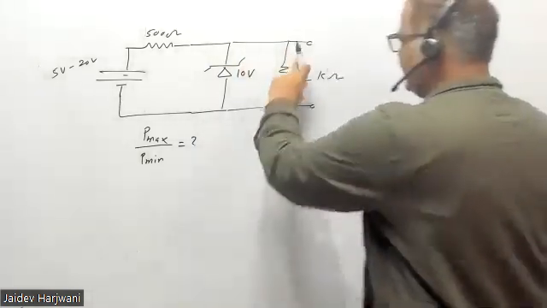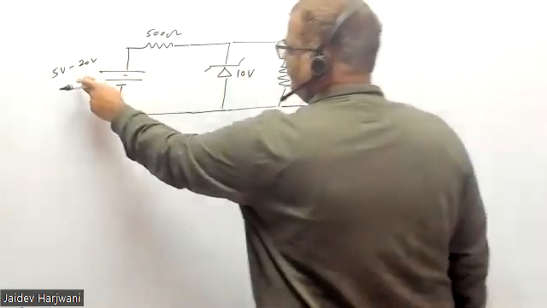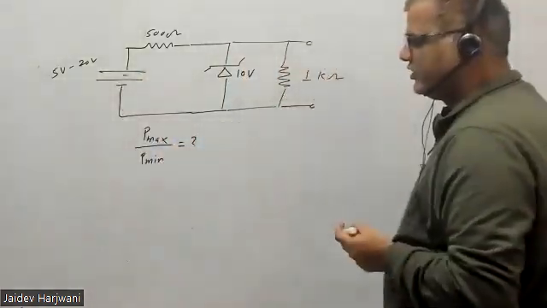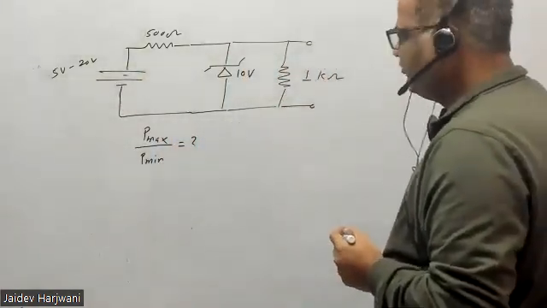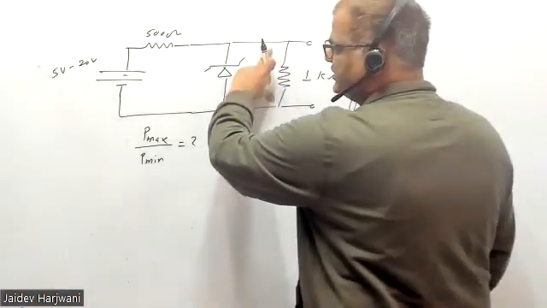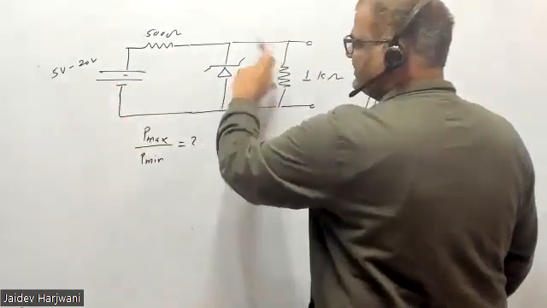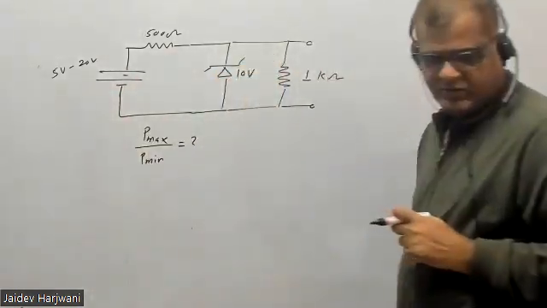So you have 5 volt to 20 volt. If I use some 5 volt, then obviously the voltage will be less than 10 volt here, yes or no?